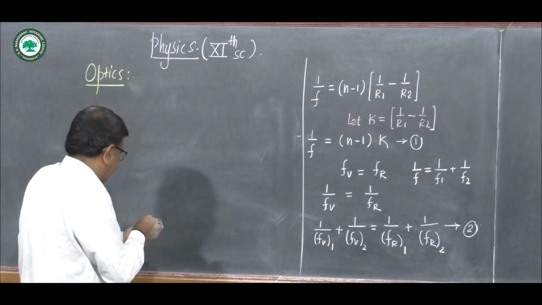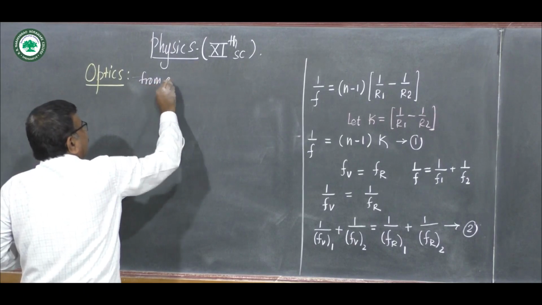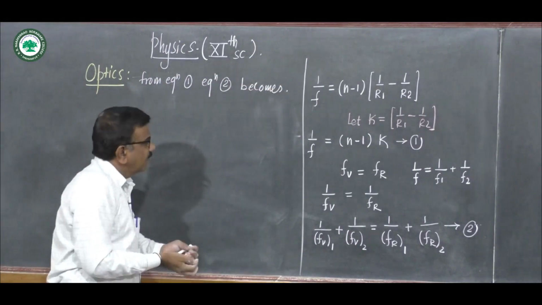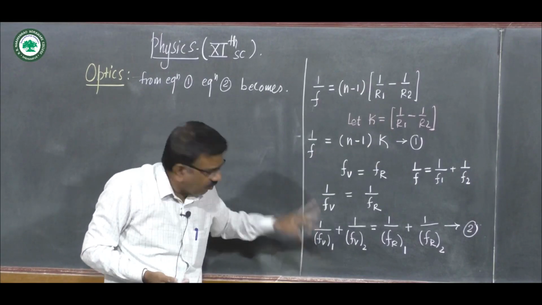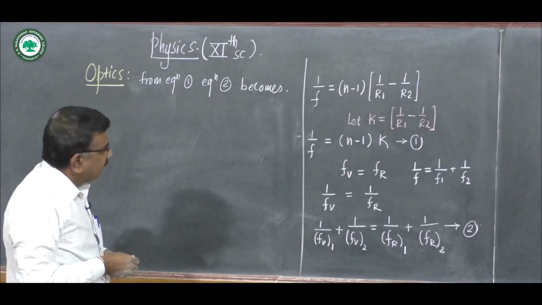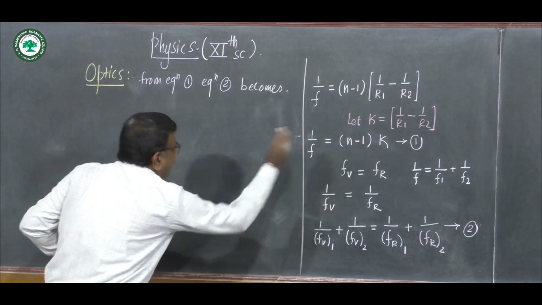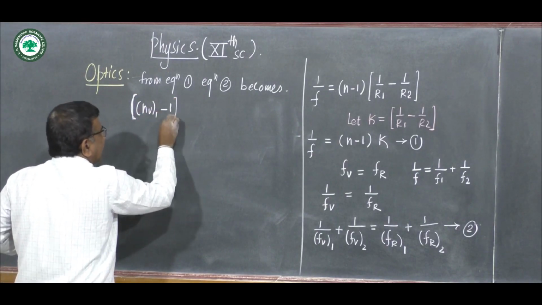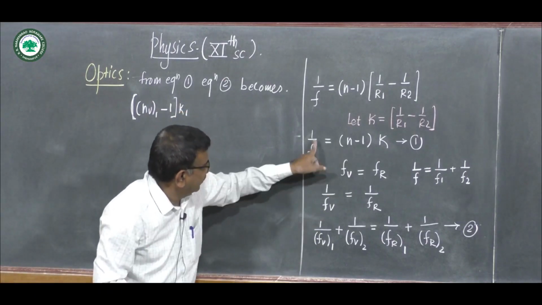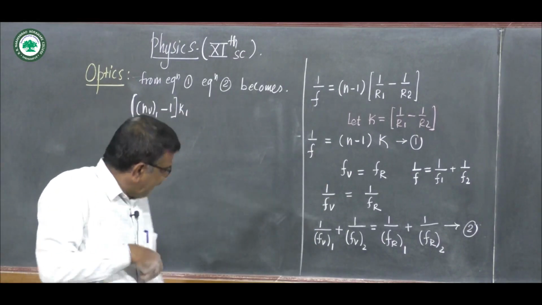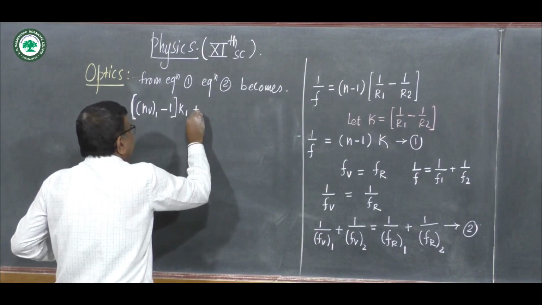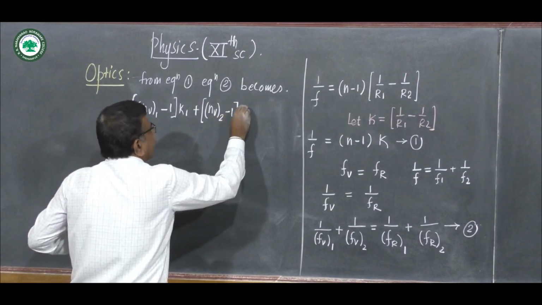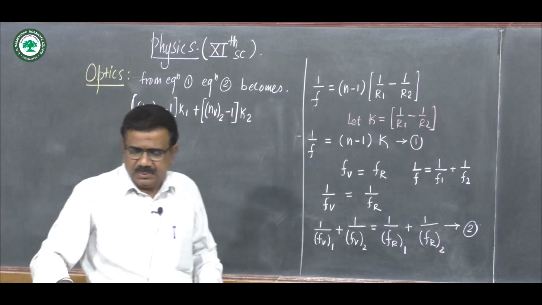From equation 1, equation 2 becomes, we know 1 upon F is (n minus 1) K. So we write this for 1 upon FV1, that is (nV1 minus 1) K1, plus 1 upon FV2, that is (nV2 minus 1) K2.